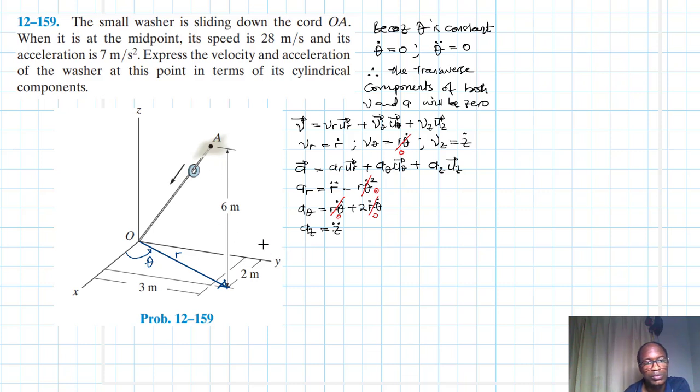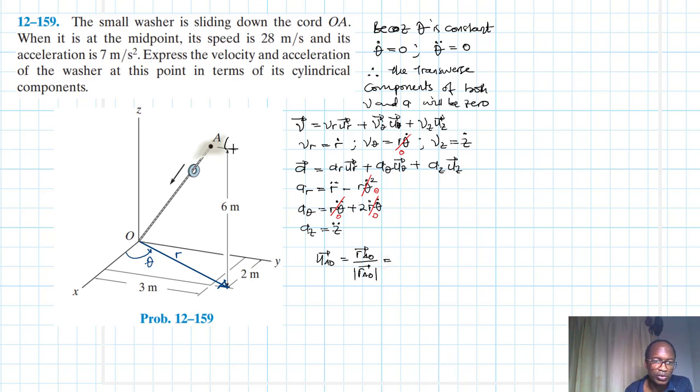So what we need to do is to find the unit vector along OA so that we convert these scalar quantities of velocity and acceleration into vectors. So let's find the unit vector AO, which is just equal to R_AO divided by its magnitude.